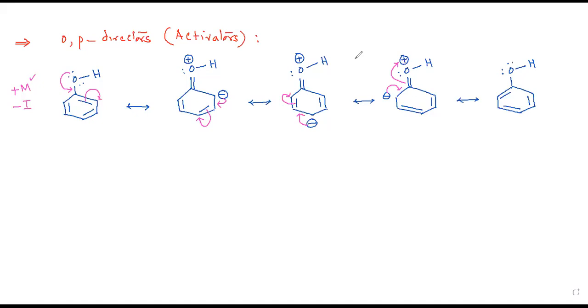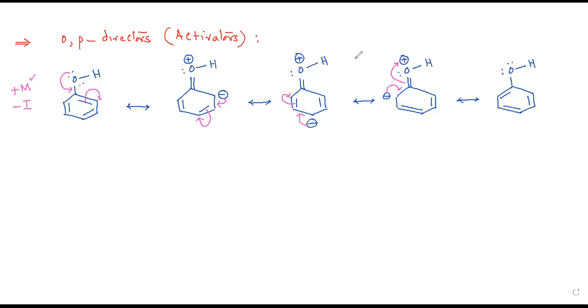You got the negative charges, nothing but the electron density, centers at ortho and para positions, but not at meta.